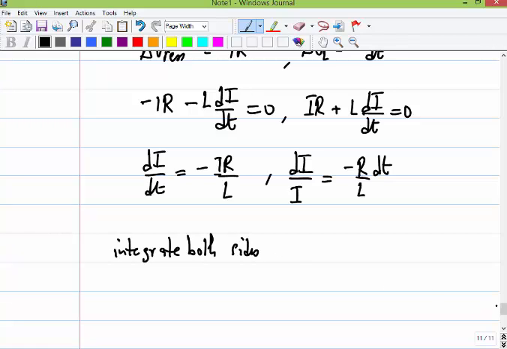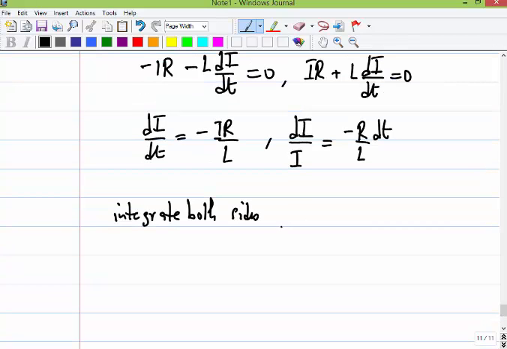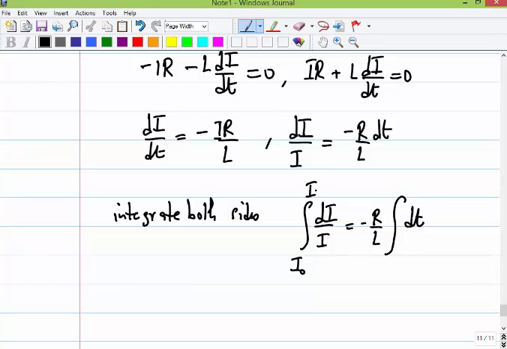Integrating both sides gives you the integral of di over I equals minus R over L times the integral of dt, and the current goes from initial current I naught to a final current I, in a time 0 to t.